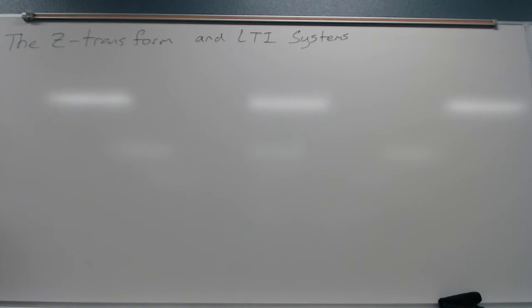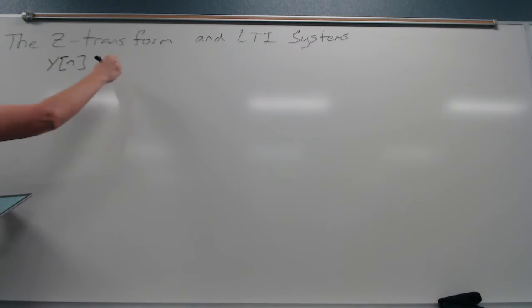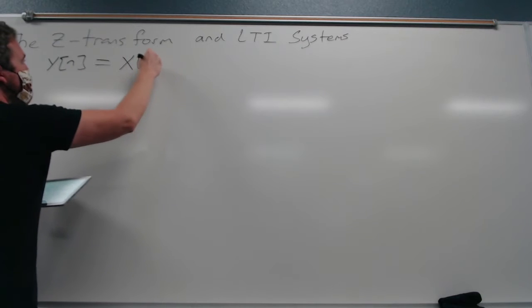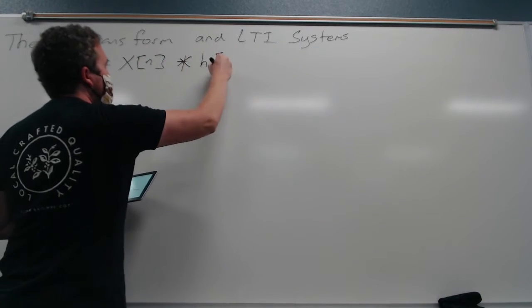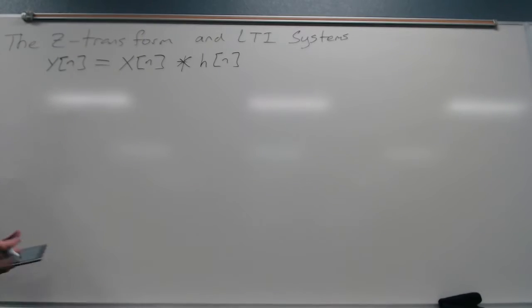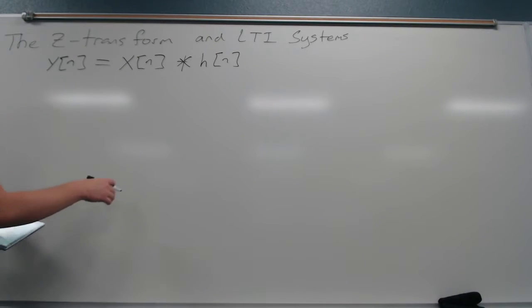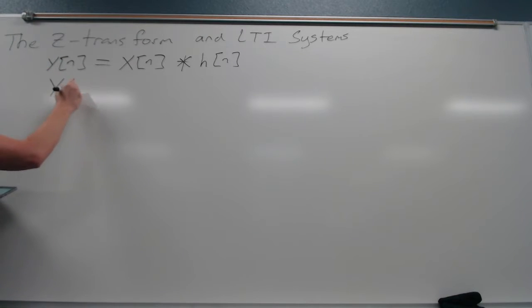Okay, so remember our basic definition for an LTI system, which is that we've got some output signal y of n, and it's equal to our input sequence convolved with our impulse response. And the reason we like the Z transform is because it lets us get out of having to do convolution, right?